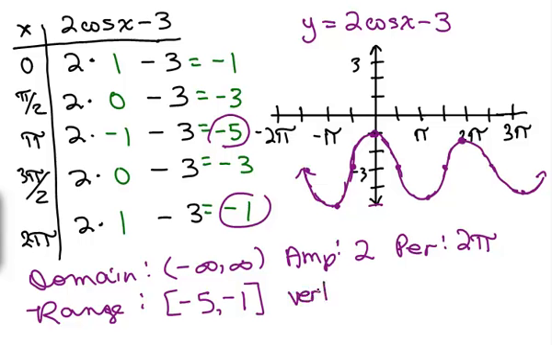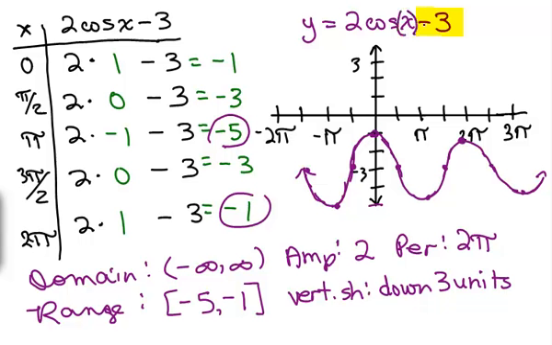So we're going to say the vertical shift is down 3 units. This is the number that is added or subtracted. Now, if it was in parentheses, x minus 3, that would mean you'd be taking the cosine of x minus 3. This is actually just the cosine of x. To make that clear, you could put parentheses around the x.